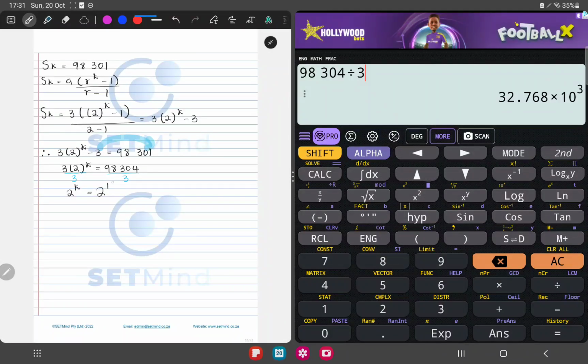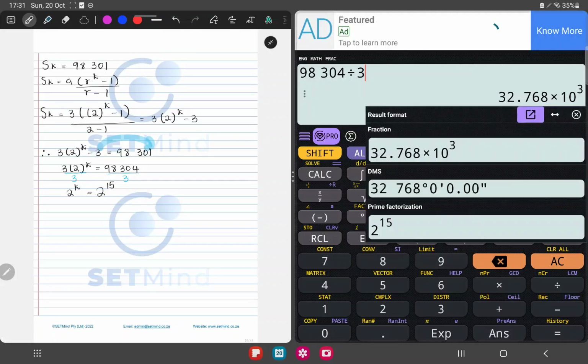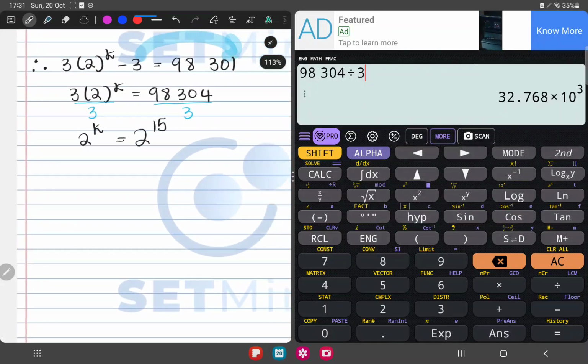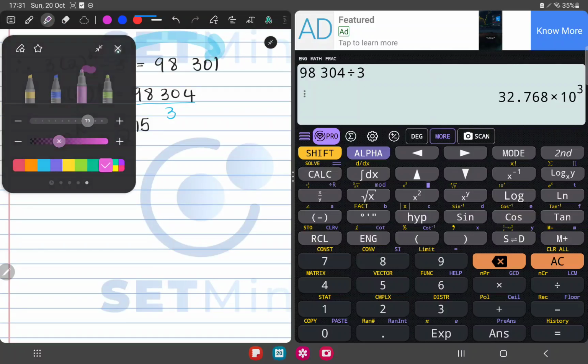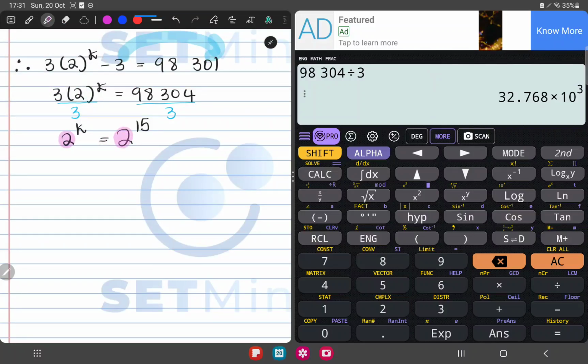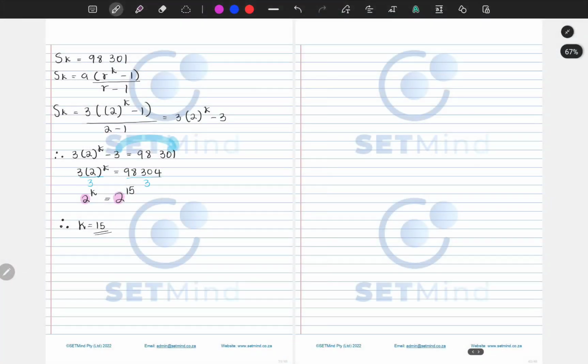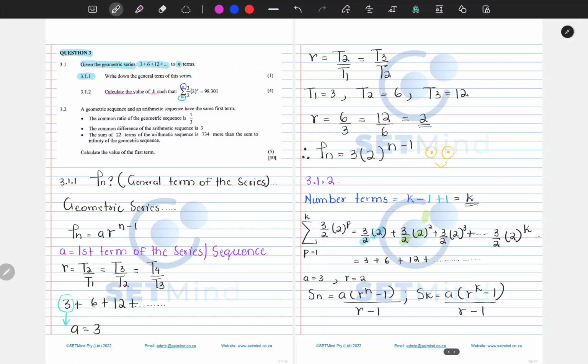So I'll have 2 to the power of 15, as you can see from my calculator. And what we know is that when the bases are the same, it is easy to equate the exponents. So as you can see, our k will be 15. So this means that we need to sum 15 terms for us to be able to find that sum which is given there. I hope this makes sense.